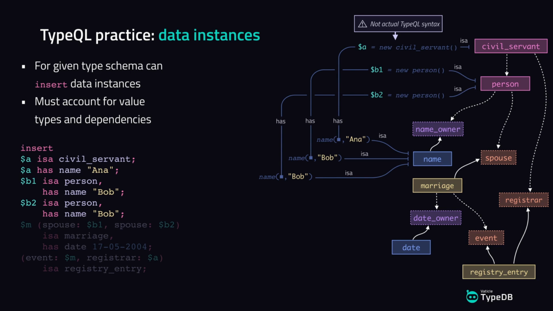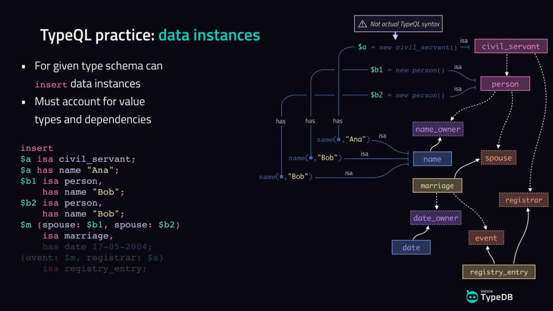If we were to run the same statement again at this point, so if we would write $b1 is a person, has name Bob again, this in contrast would not do anything. So this is where the idempotency of value creation comes in. It would be the same reference to an object from the same name, and this already exists in our database.